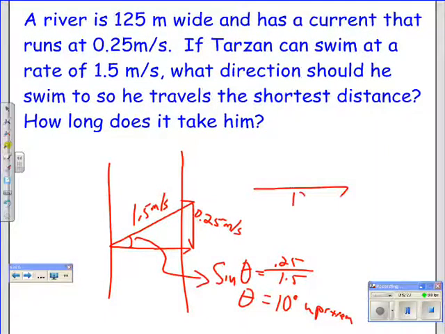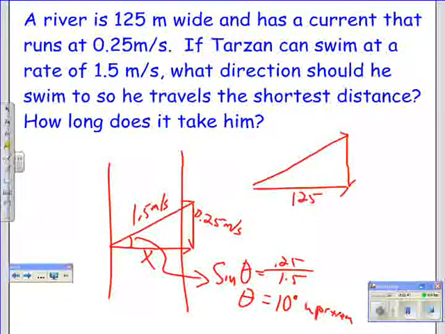My distance triangle would be 125 there. He actually swims like that. So how fast does he swim at his 125 meter distance? Right here. That speed. The speed in his direction that we're looking at.